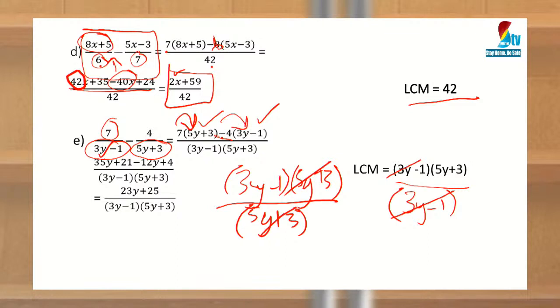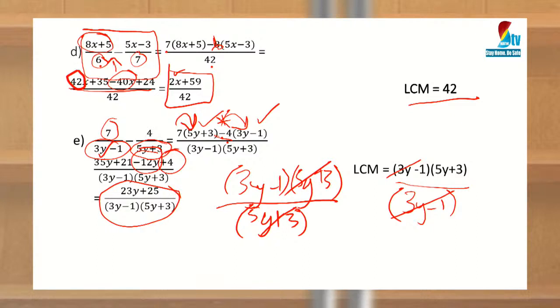So I'm going to have 12y. Take note of that. Negative 4 times negative 1, plus 4. So this is very important to note that your bracket is having a number which is negative or positive outside. And then I simplify my problem to be this one.